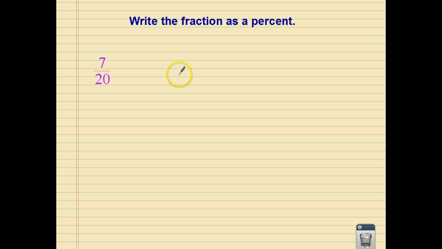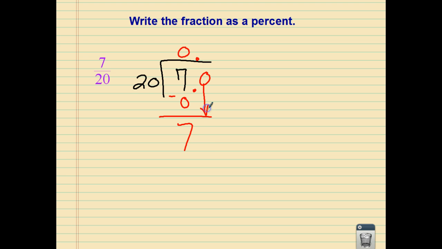Let's get a decimal first. So numerator divided by denominator. That's 0 times. And add a decimal, bring it up. Add a 0, bring it down.